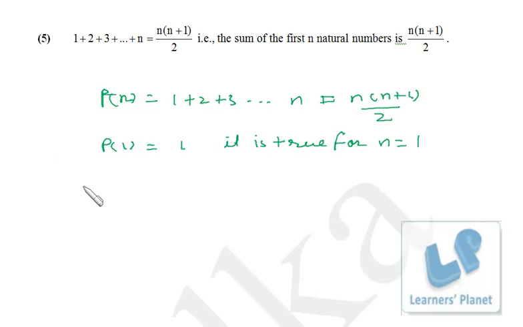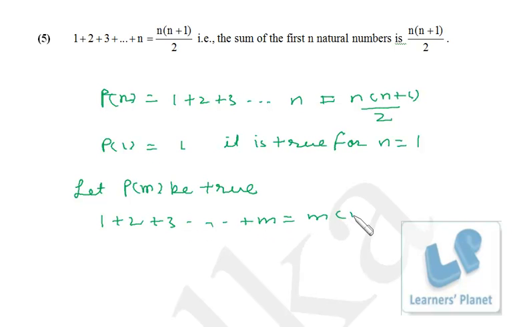Now the second step, let Pm be true. If Pm is true, that means 1 plus 2 plus 3 till m will be m(m plus 1) by 2.